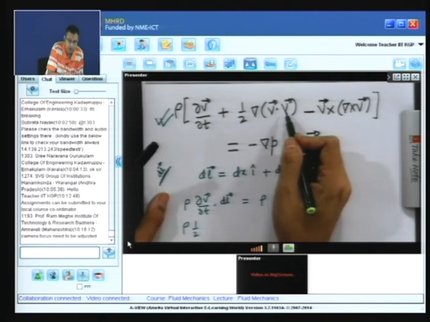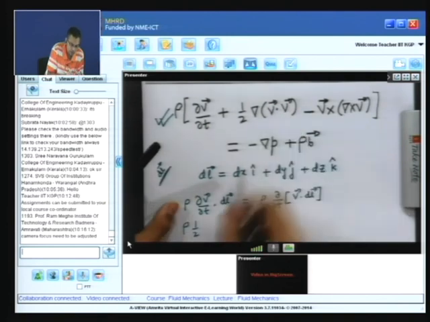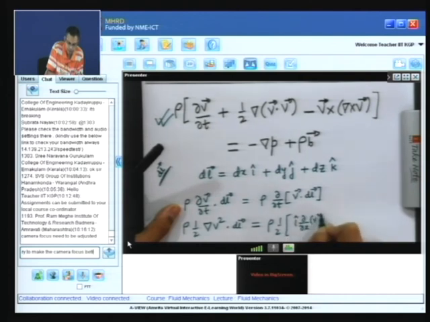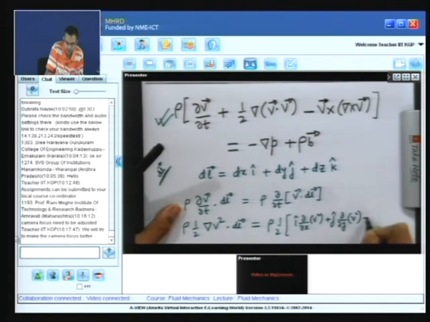V dot V is V square. So, del of V square dot dl. So, what is that? Rho half i del x of V square plus j del y of V square plus k del z of V square.